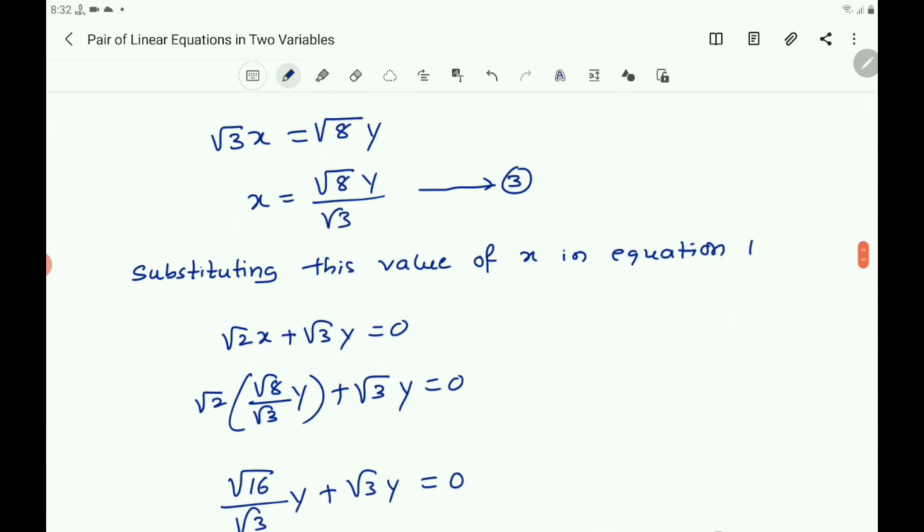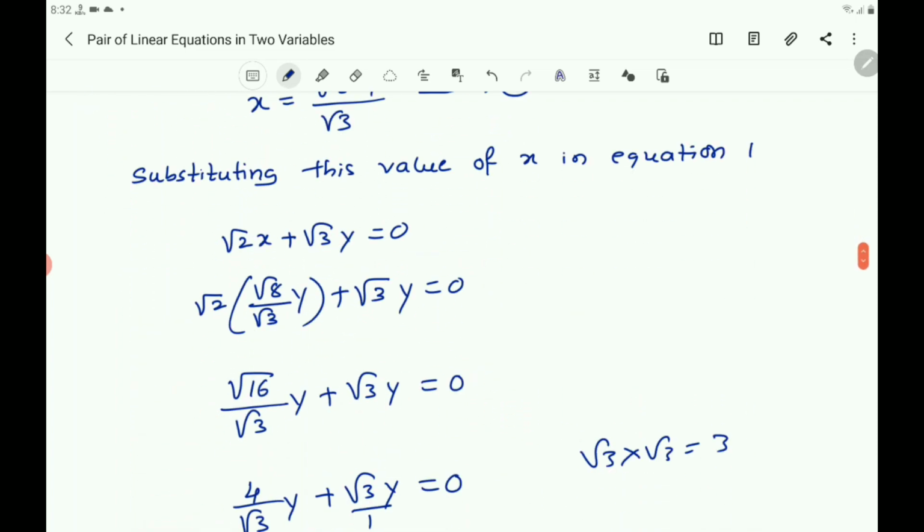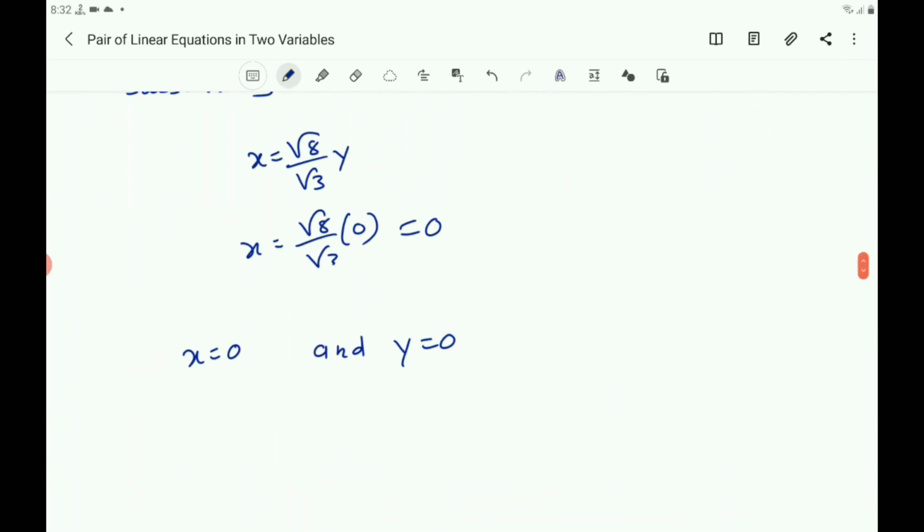And here you can observe that as you got x equals 0, root 2 into 0 is 0, root 3 into 0 is 0, 0 plus 0 is 0. Here also root 3 into x is 0, root 8 into y is also 0, and you got 0. Both the values x equals 0 and y equals 0 satisfy both the equations.